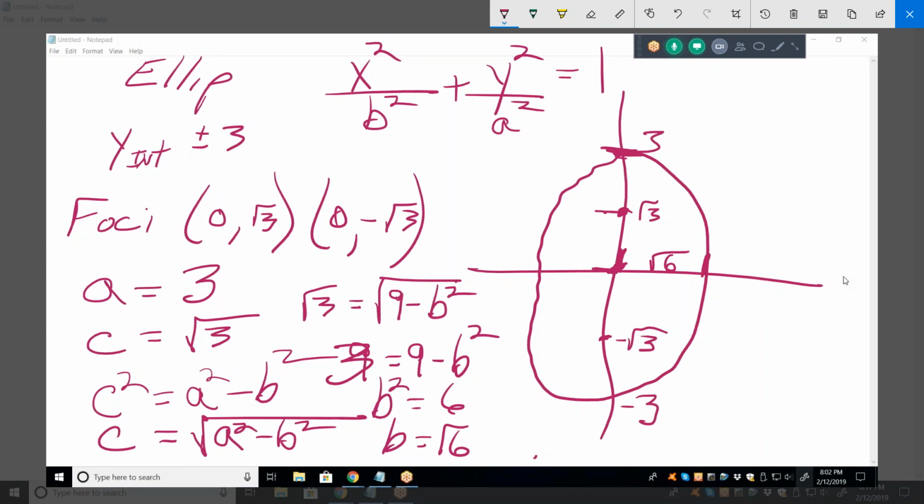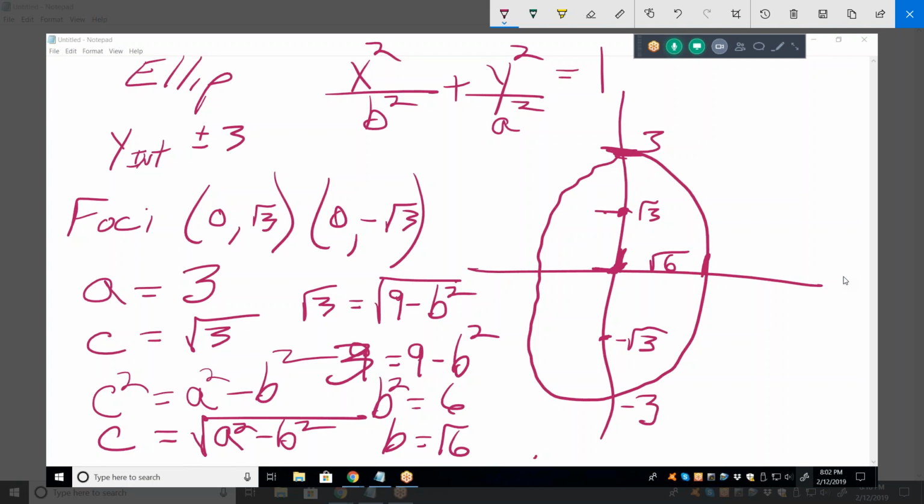In other words, the minor radius, if you will. I call A the major radius and B the minor radius. Just kind of thinking about it like a circle, only it's a circle with 2 different radii. So now we have everything we need to write the equation.